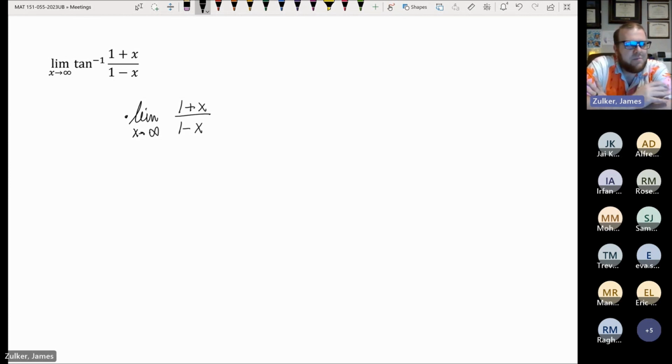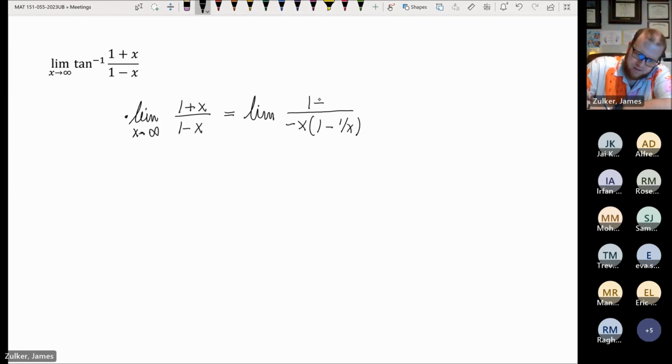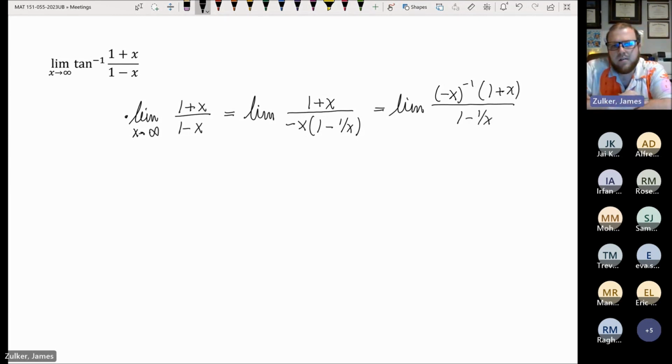Limit as x approaches infinity of 1 plus x over 1 minus x. But we're going to proceed the same way. Factor out the leading term in the denominator. Move it up to the numerator.